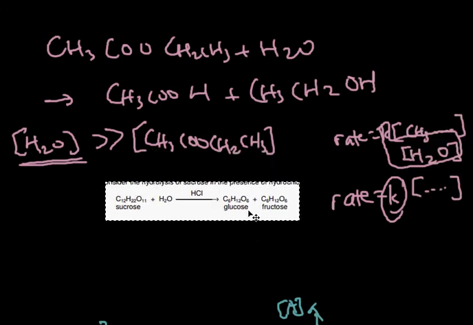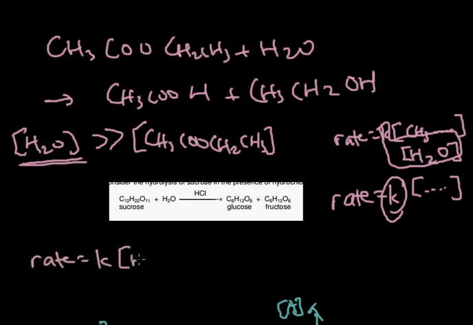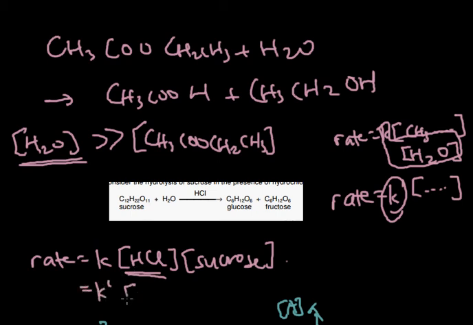Okay, so given this lecture notes example, we say HCl is the catalyst, and the rate experimentally found is rate equals k times [HCl] times [sucrose]. But because HCl is a catalyst, this remains effectively constant, so it's still k' times [sucrose].